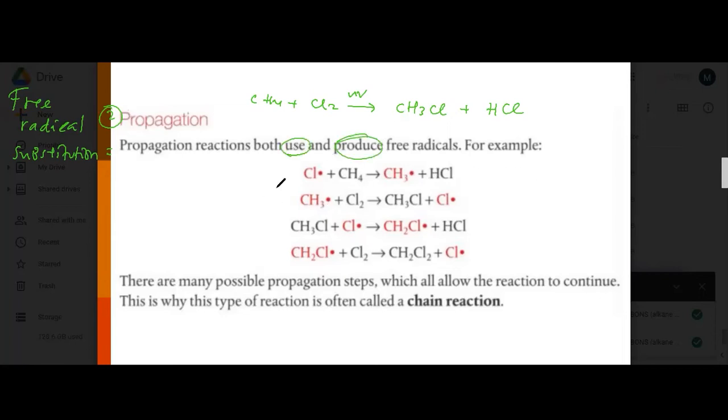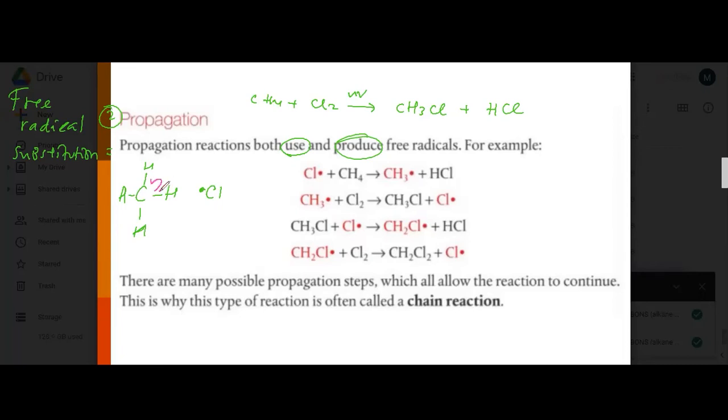How to do this? At the beginning we have the CH4 molecule. At the initiation step, the Cl radical is present, right? It tries to find another electron, so it will attack one hydrogen from the neutral CH4.